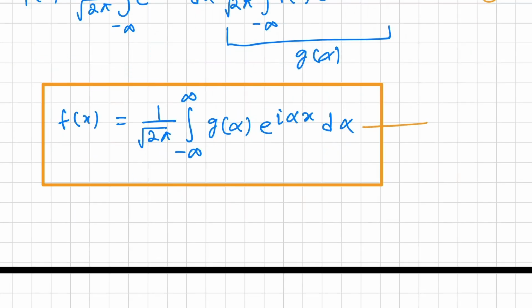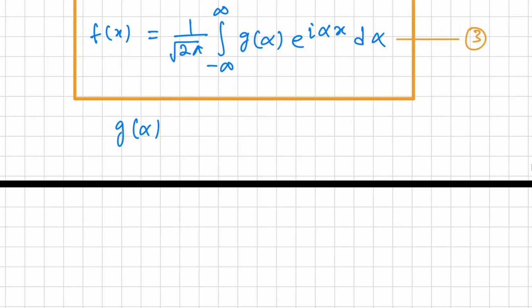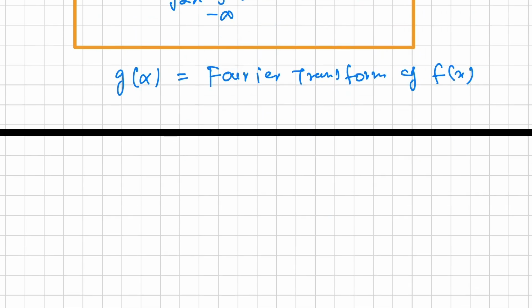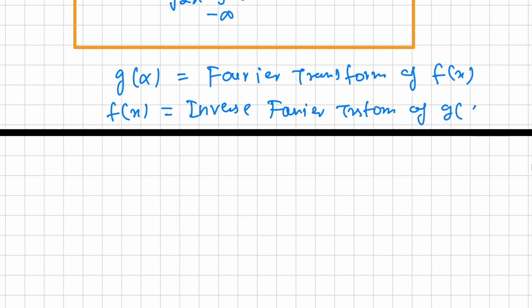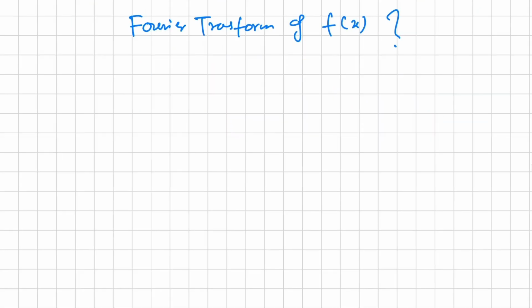Let me just call this equation 3. Now g of alpha is known as the Fourier transform of f of x, and f of x is known as the inverse Fourier transform of g of alpha.